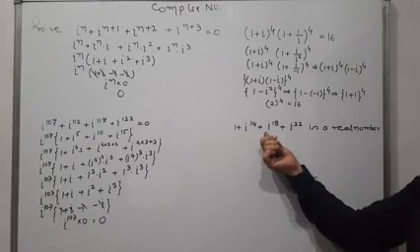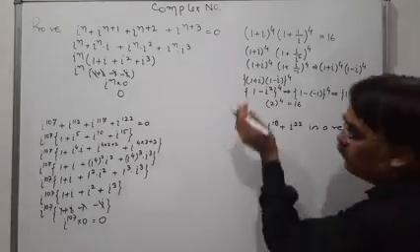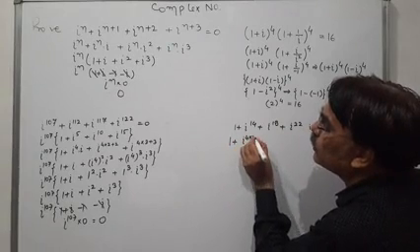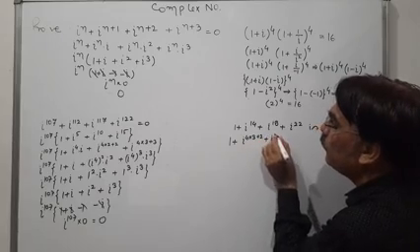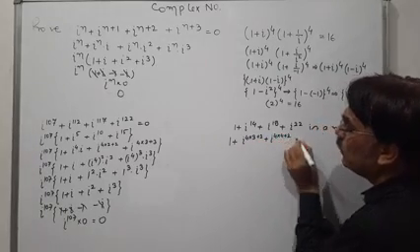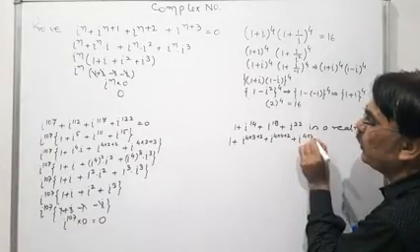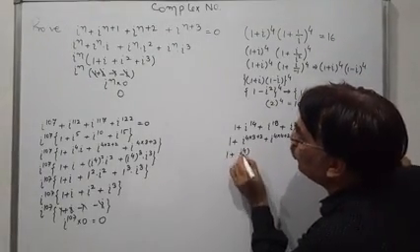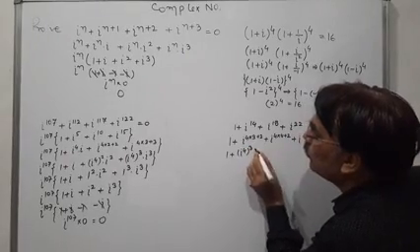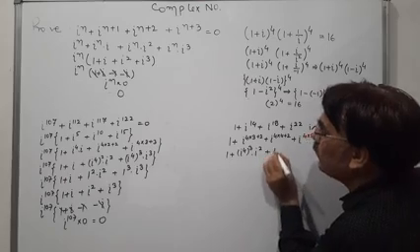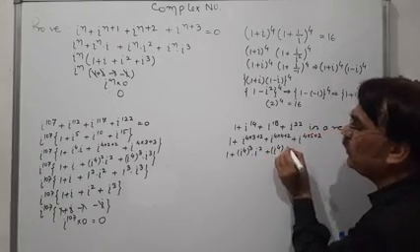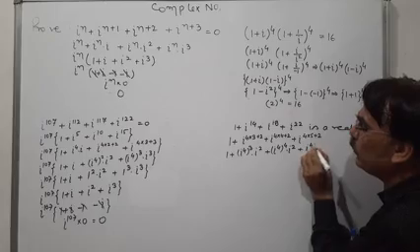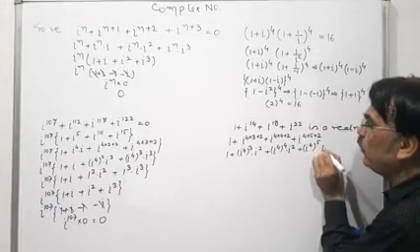Here we have to show that this is a real number. So here the terms are imaginary, but we have to show the total result is a real number. You can write it as 4 into 3 plus 2, plus 4 into 4 plus 2, here i to the power 4 into 5 plus 2. Now 1 plus i to the power 4 into 3 into i square plus i to the power 4, always taking multiple of 4, into i square plus i to the power 4 into 5 into i square.